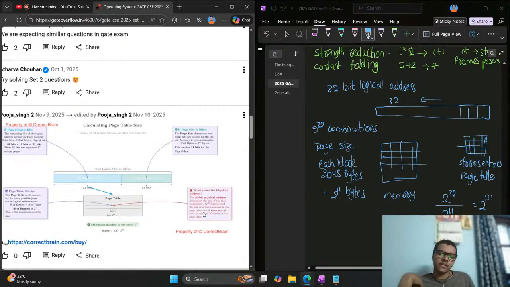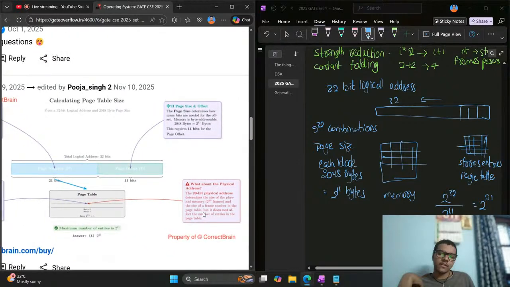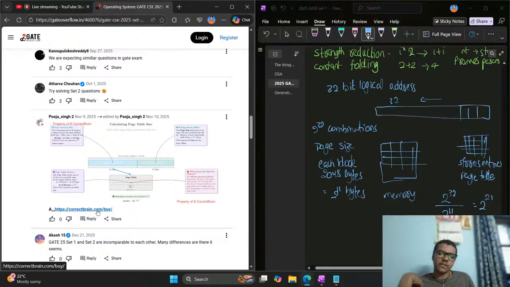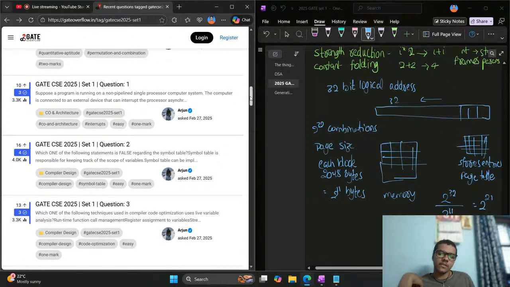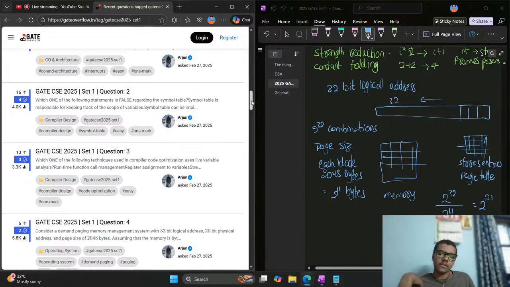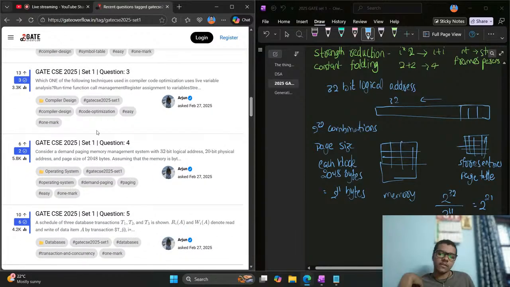What about the physical address? Size of the physical memory. Frame number. Correct, alright. I need to look at that one again.